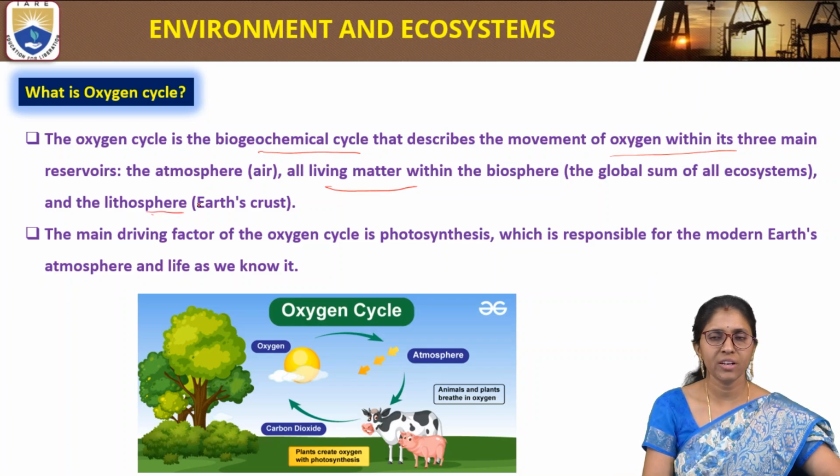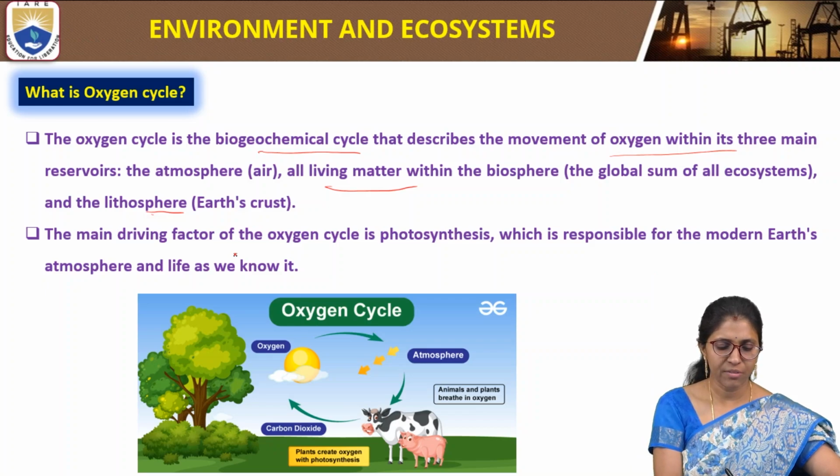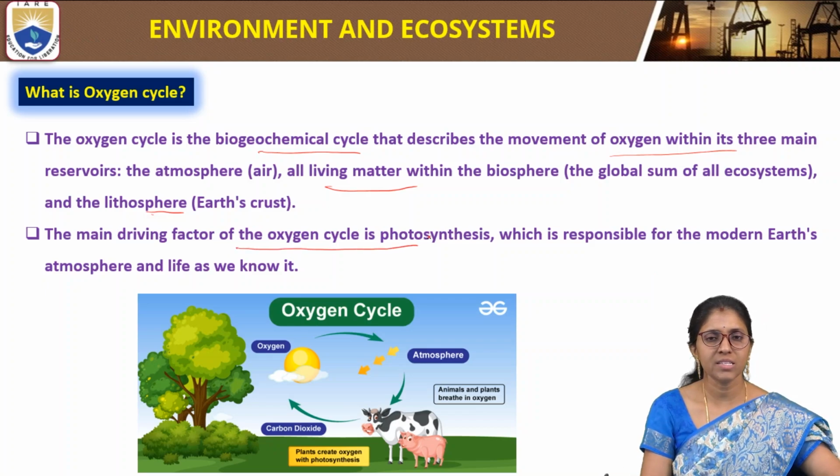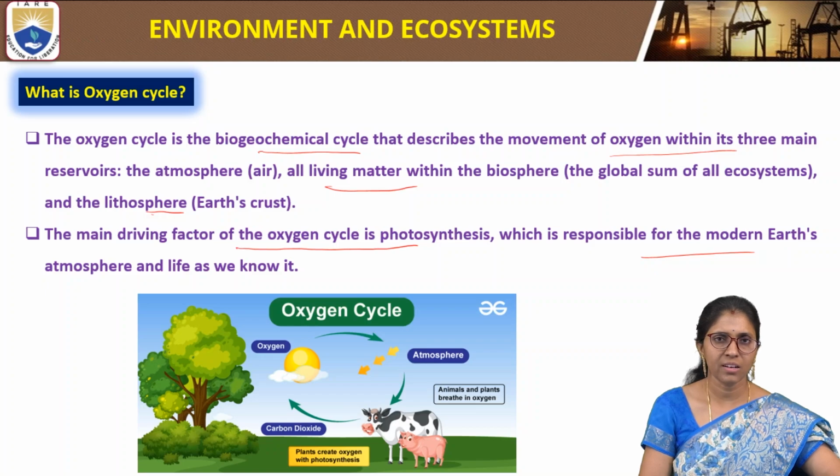The main driving factor of the oxygen cycle is the photosynthesis process, which is responsible for the modern Earth atmosphere.